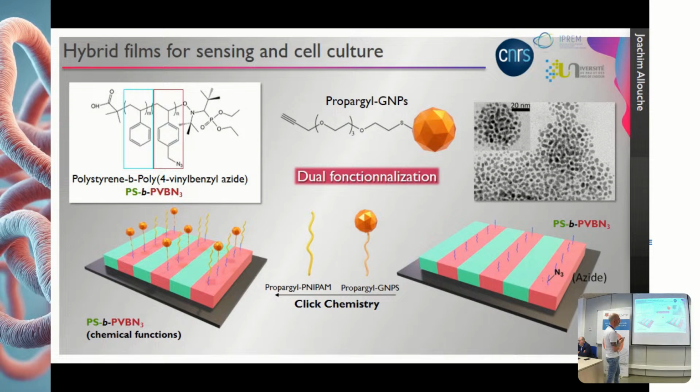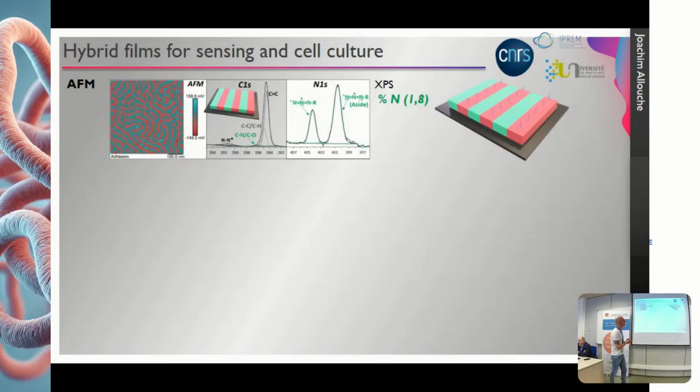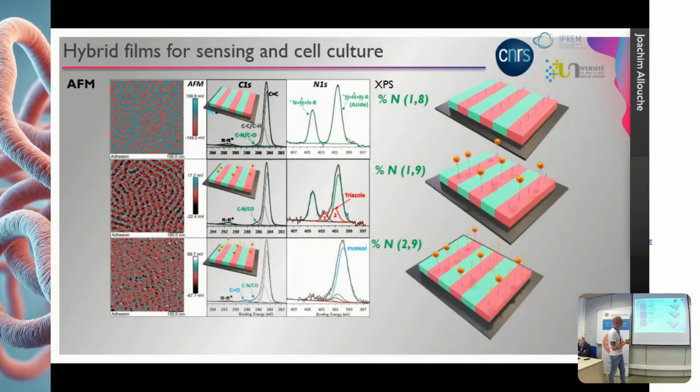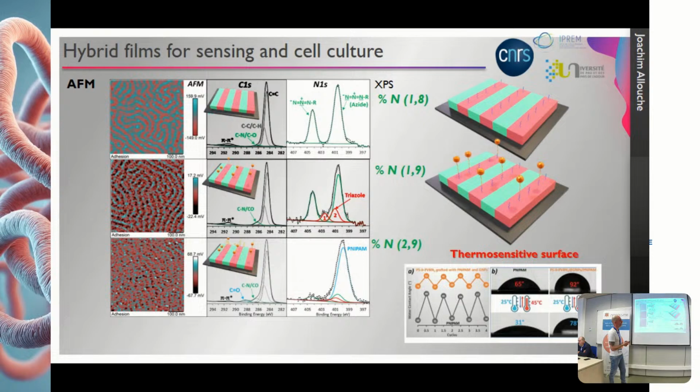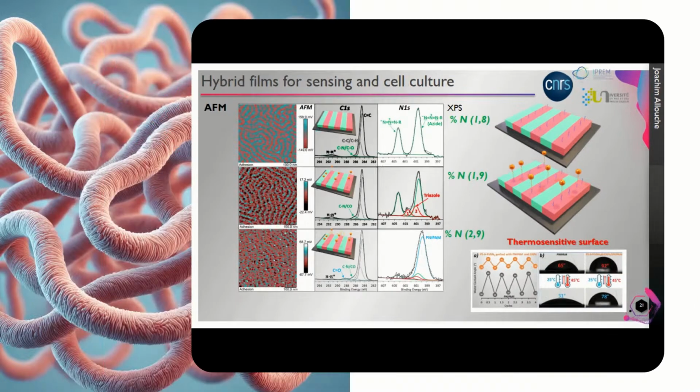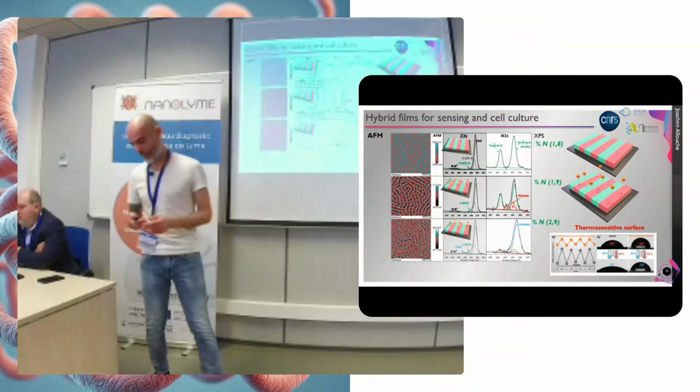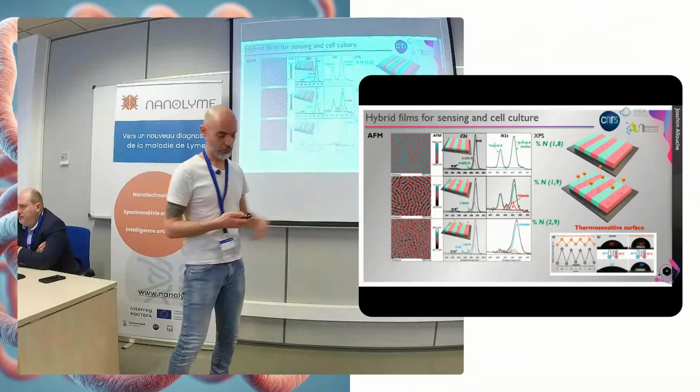But we also use PNIPAM, which is a thermoresponsive polymer. So we have dual functionalization on these films, and we characterize all the functionalization of this surface, and finally found that this surface is thermosensitive. When you heat, you change the hydrophobicity of the surface. We have characterized such properties.